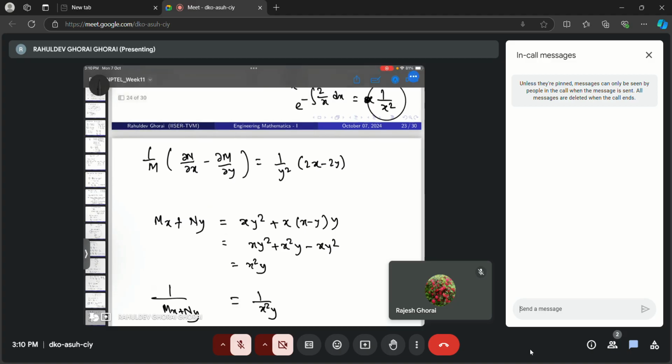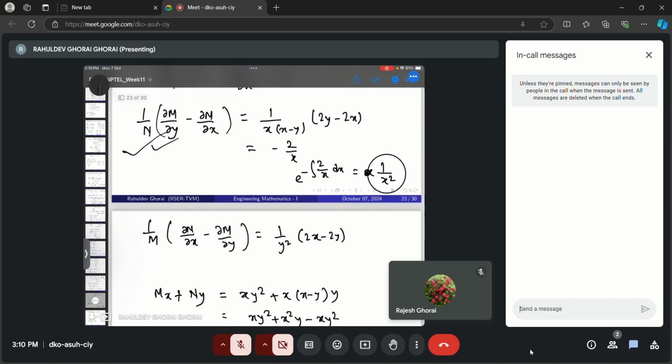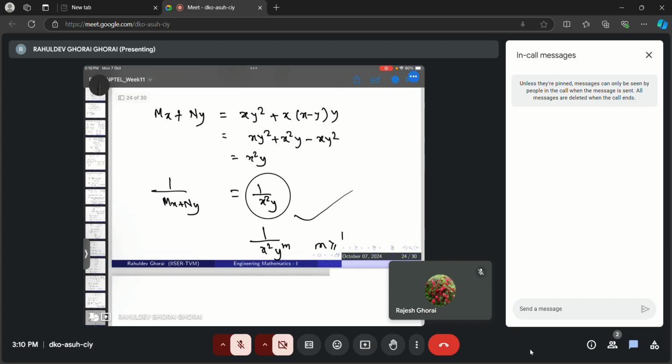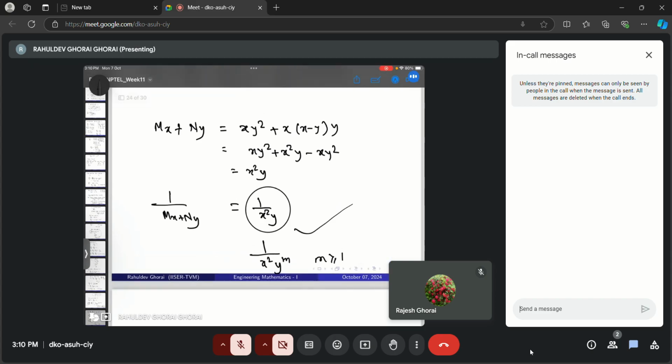So you can check with both of these. If you multiply by 1 over x squared, also if you multiply by 1 over x squared times y, or in a more general way, 1 by x squared y to the power m, where m is greater than or equal to 1, you can check for any m, that also will be an integrating factor, because you multiply by something and then it becomes exact.